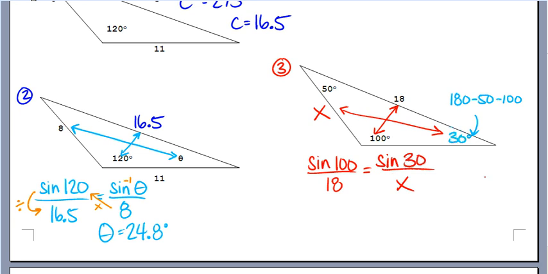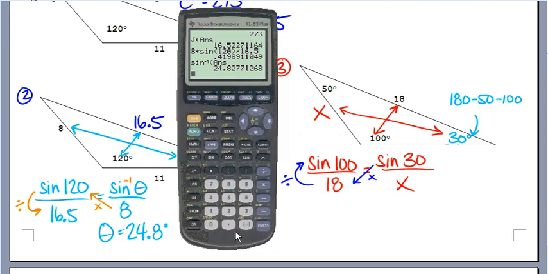Now what's cool is the variable we're looking for is actually kind of stuck in the denominator here, but it turns out you can still do that neat little cross multiply and divide trick. That means multiply diagonally, divide by the leftover. And since we're looking for a side, not an angle, we don't have to do any second function sine.